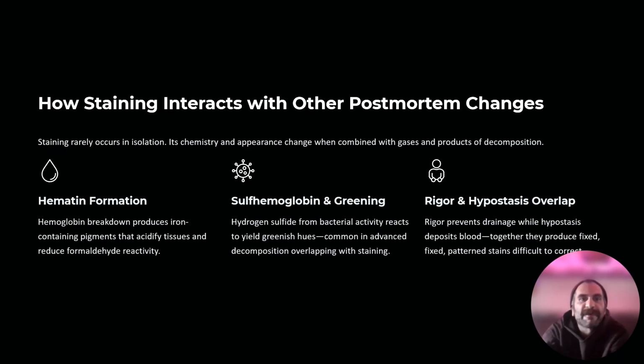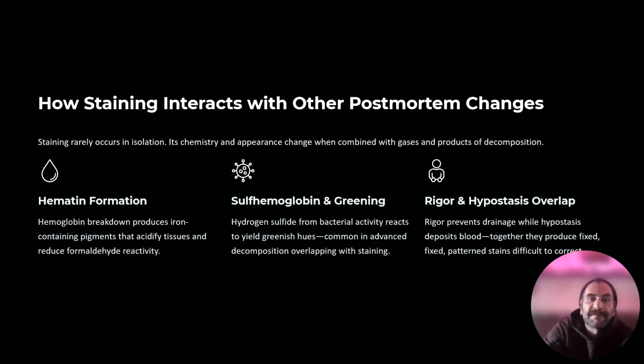So, interaction with other postmortem changes. As the decomposition advances, the chemistry gets obviously more complicated. The hemoglobin breakdown forms pigments like hematin, which lowers the tissue pH and makes formaldehyde less effective. This is really important for anybody embalming.